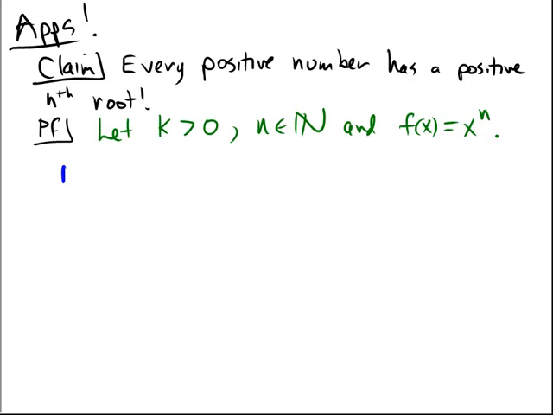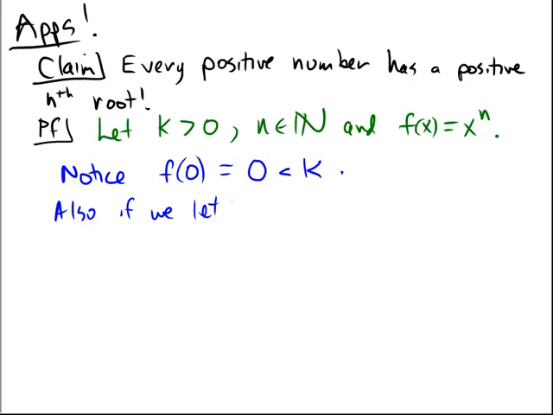Remember I said the same argument will apply often when we're using IVT. Notice that f of 0 is equal to 0 to the power of n, which is 0. And since k is bigger than 0, this is certainly going to be less than k. Also, if we let b equal k plus 1, then we can see what happens if we take b to the power of n.